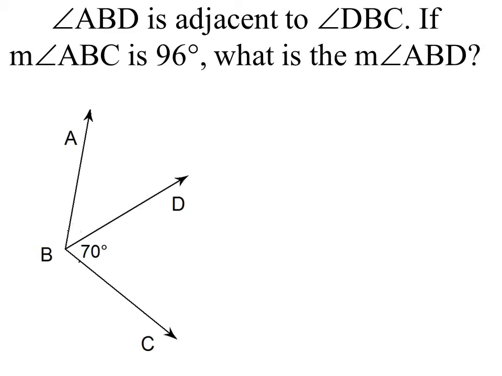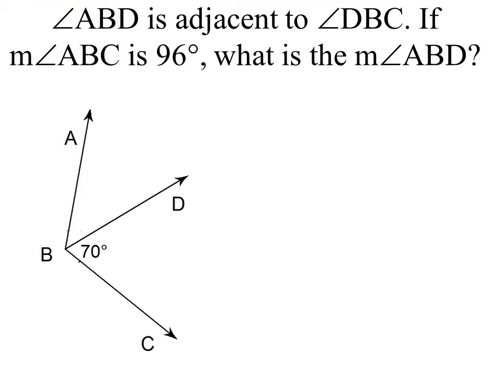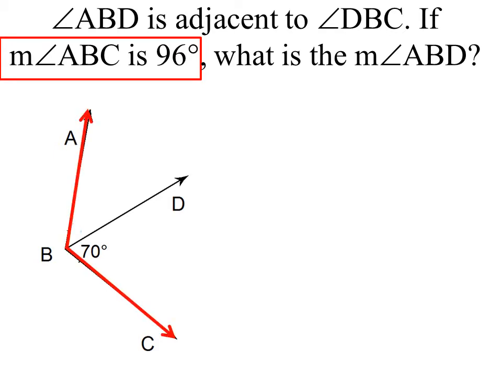All right, here's another example. Angle ABD is adjacent to angle BDC. Well, let's just take a look at that statement. That statement is just telling me that these two angles are next to one another and they share a common side, BD. If the measurement of ABC is 96 degrees, well, let's locate that angle. There's ABC, and it is 96 degrees.